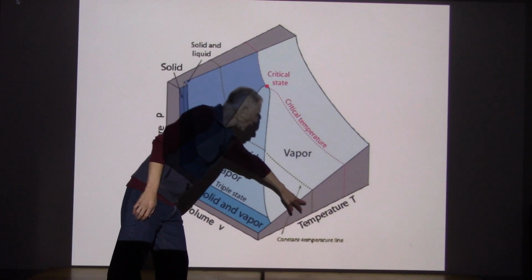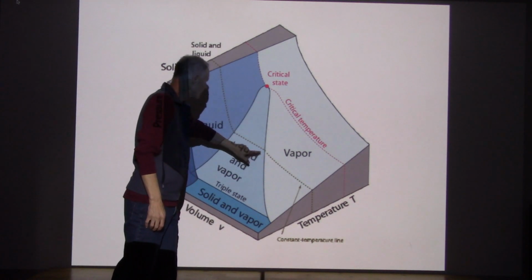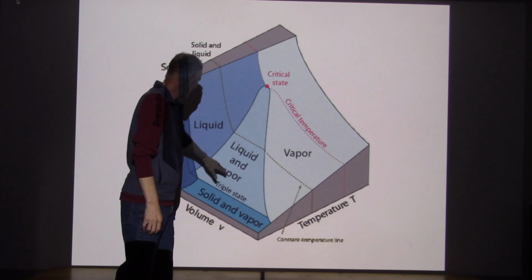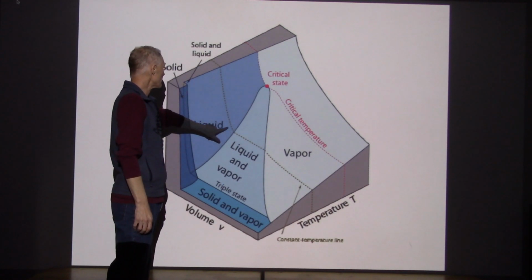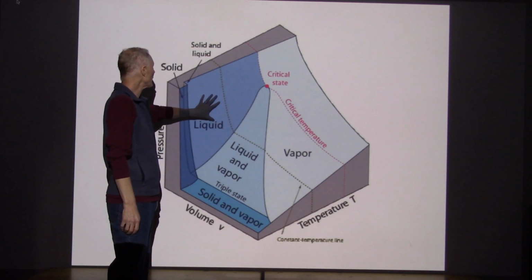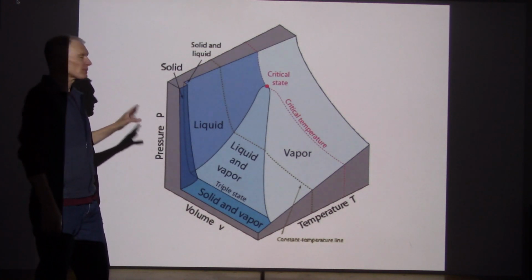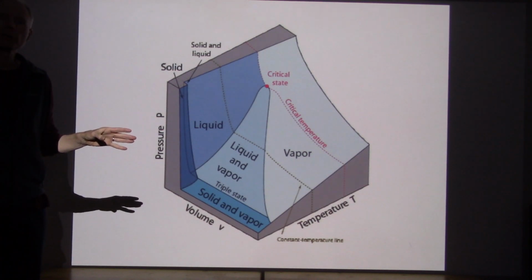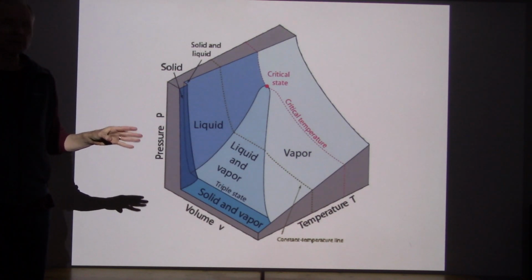If we drop to a lower temperature, what we find is that there are distinct phases, liquid and vapor, and if we continue to compress, we go to 100% liquid. Now what this diagram is keeping track of, which the last one didn't, is it's got the solid regions filled in.